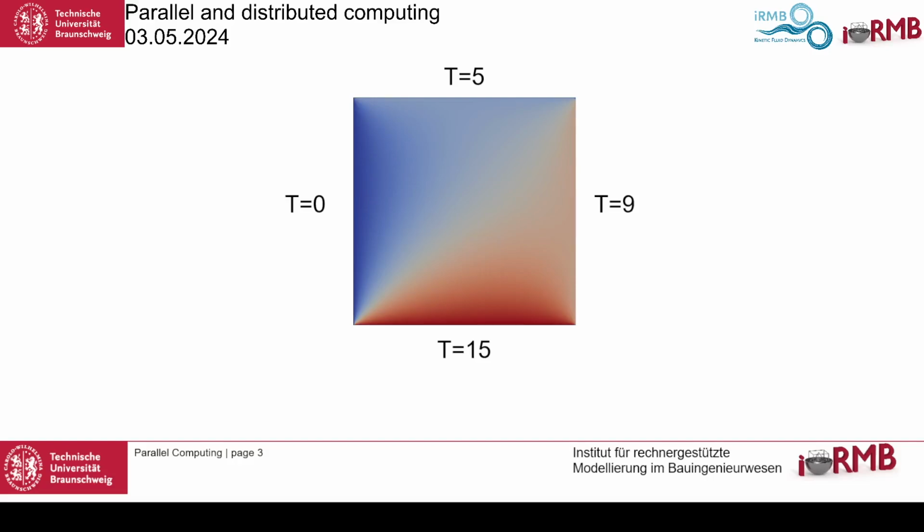It is a homogeneous material, and we want to know how the temperature is distributed inside this material. This is a numerically very simple problem to solve, but it has all the components that we also need for more complicated kinds of simulation.